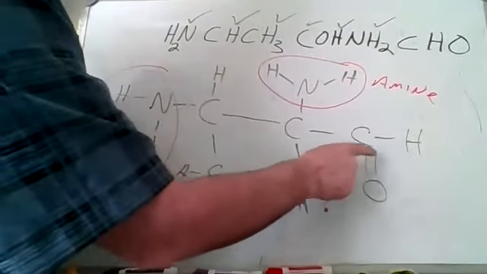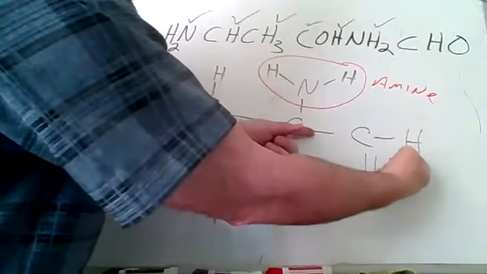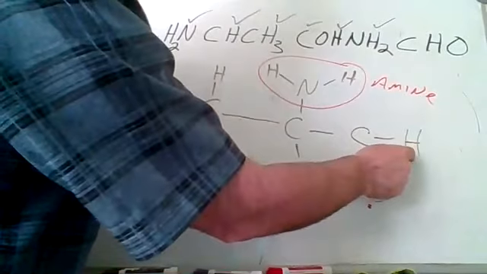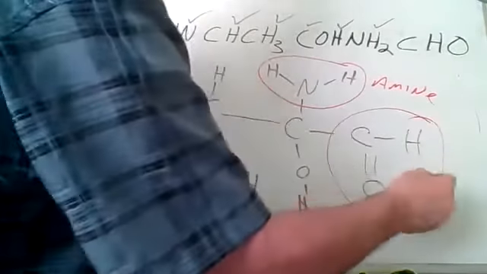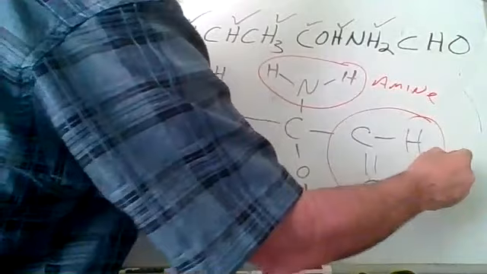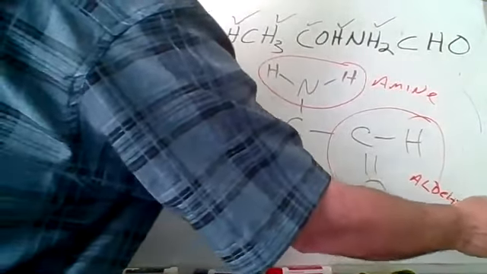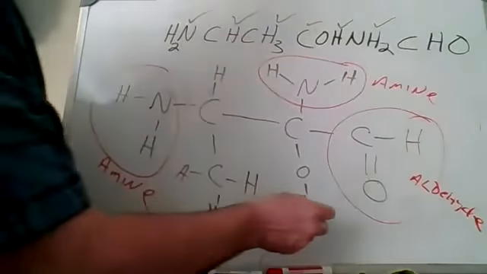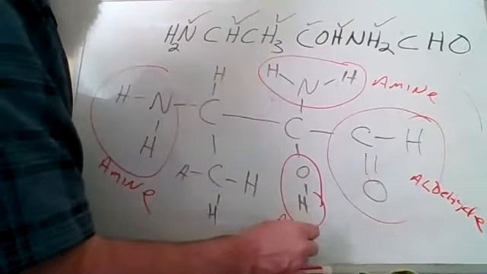Remember, a ketone has two carbon atoms on either side, two open-ended bonds to carbon atoms, but in an aldehyde, one of them is a hydrogen and then a carbon on the other side. So here is the aldehyde. Okay, and we have an alcohol here. A lot of functional groups in this one.